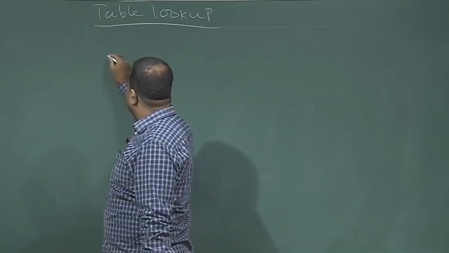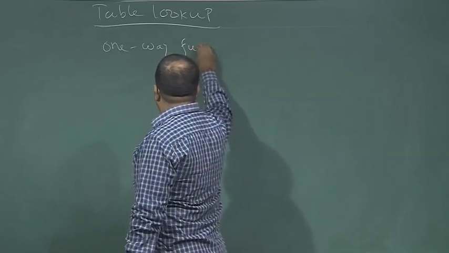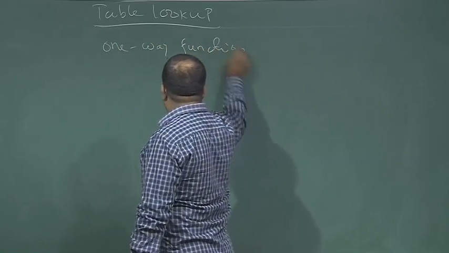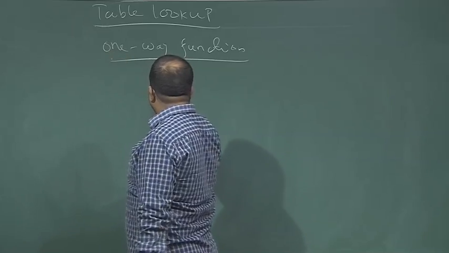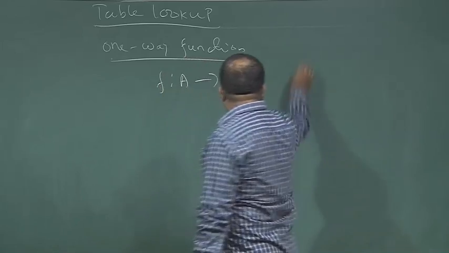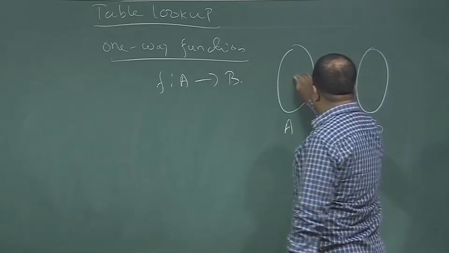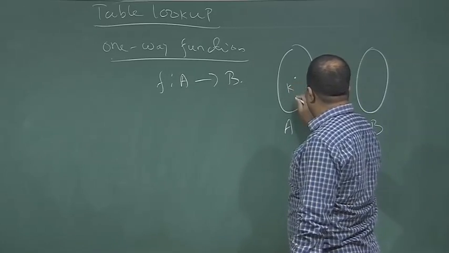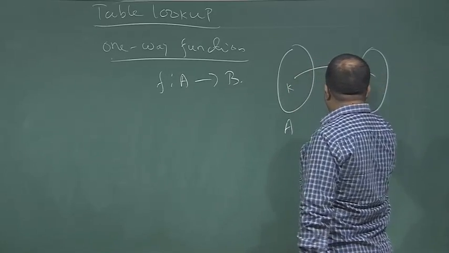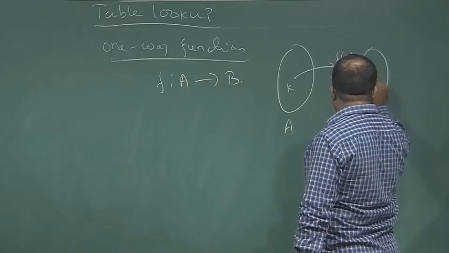What is a one way function? Let us define a one way function. Suppose f is a function from A to B. So, this is A set, this is B set, it is a mapping basically. So, if you take an x over here, then this is f of x, this is basically y.